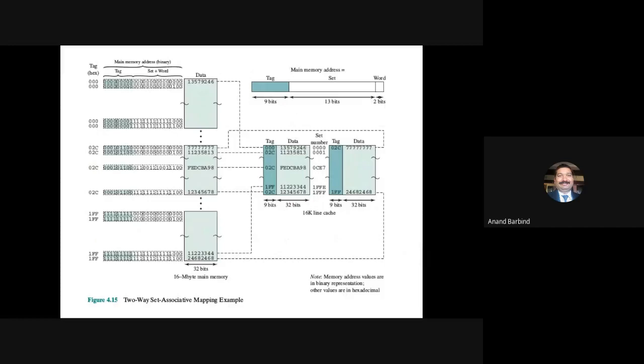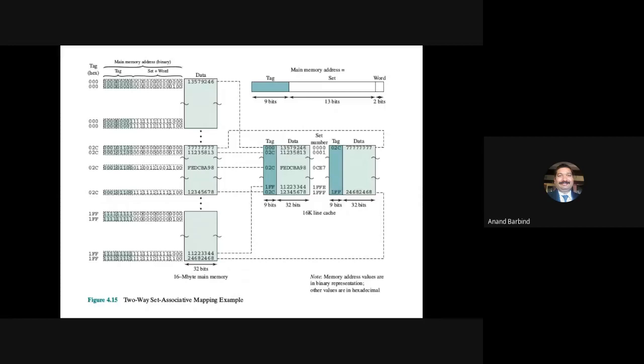Now, if you have any doubts related to these mapping functions, you can ask. Have you understood the three different mapping functions we have seen today?